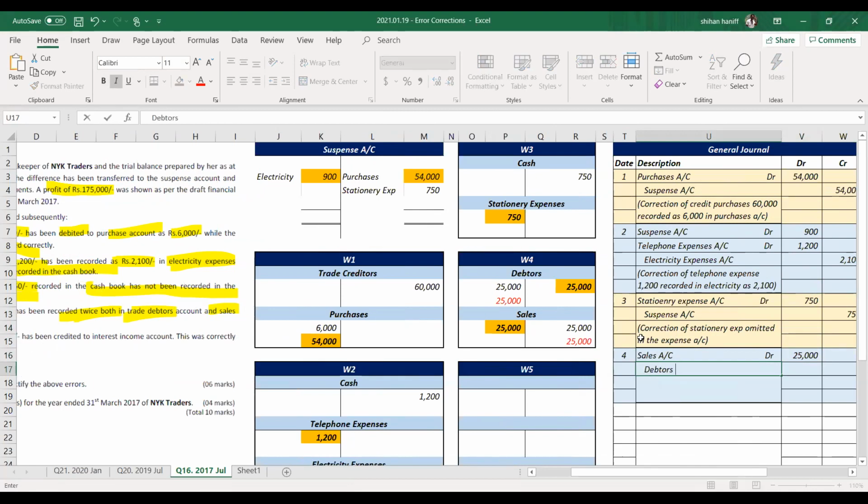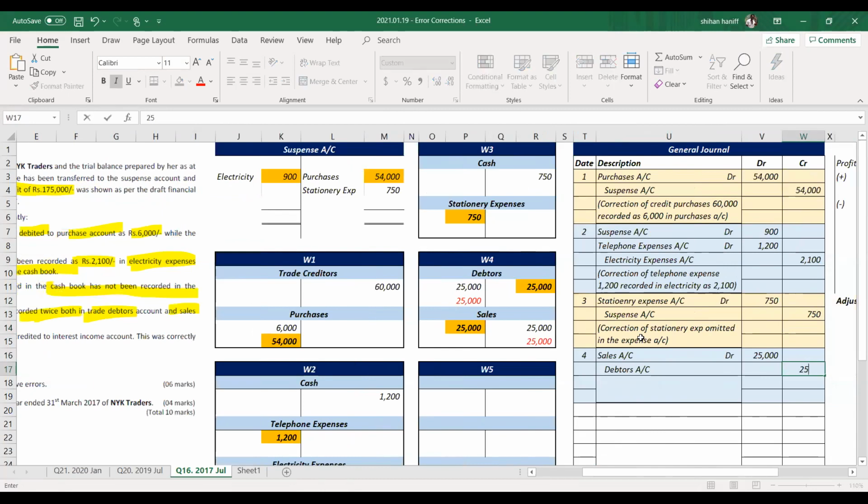Debtors account credit 25,000. Credit sales recorded twice in both the accounts.